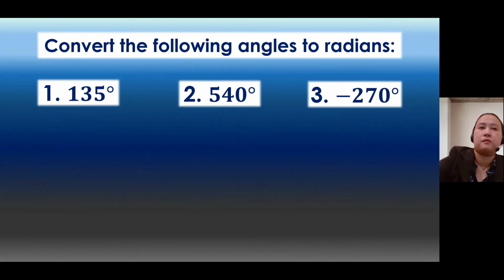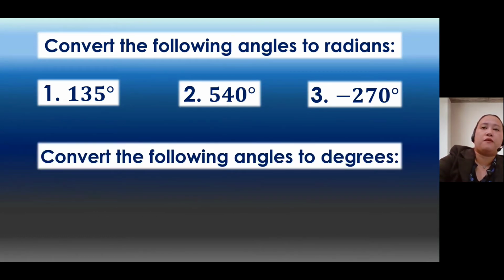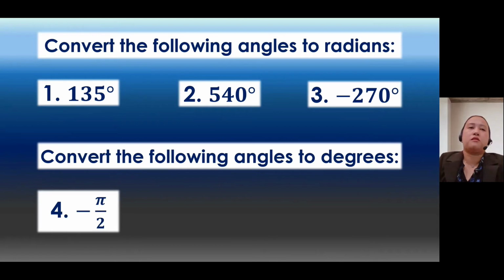So convert to degrees. We have here negative pi over 2. You have to multiply it by a fraction in which you can cancel the unit rad. Just think of it that this pi over 2 has a unit rad.